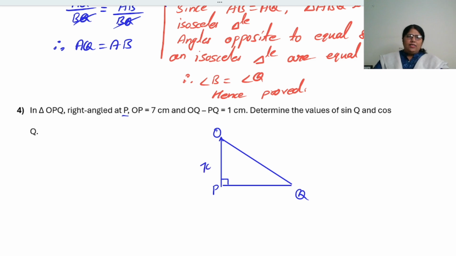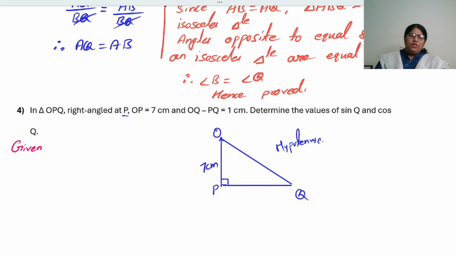OP is 7 centimeter, PQ is another side, and this is your hypotenuse. Unless we have all three sides, we can't use the Pythagoras theorem, so we have to relate them. There is one more condition given.